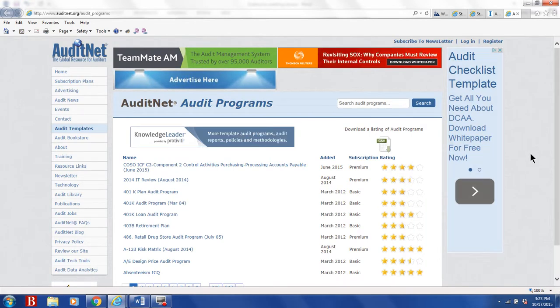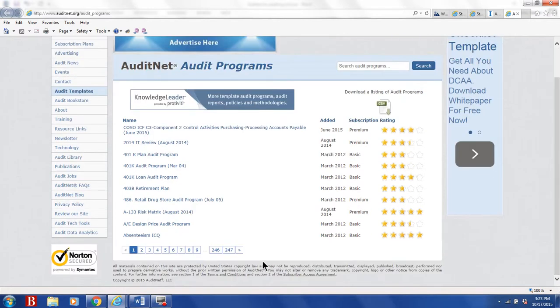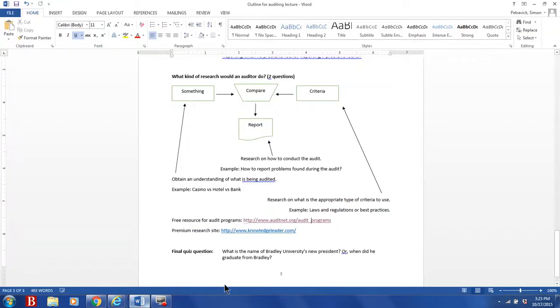And you can see, if we look here, that there are 247 pages of audit programs. The premium ones are by subscription. The basic ones are for free. And they're arranged alphabetically, or you can use the search box. But often, just knowing where to go to find an audit program, the list of steps that should be followed, is very useful in planning.